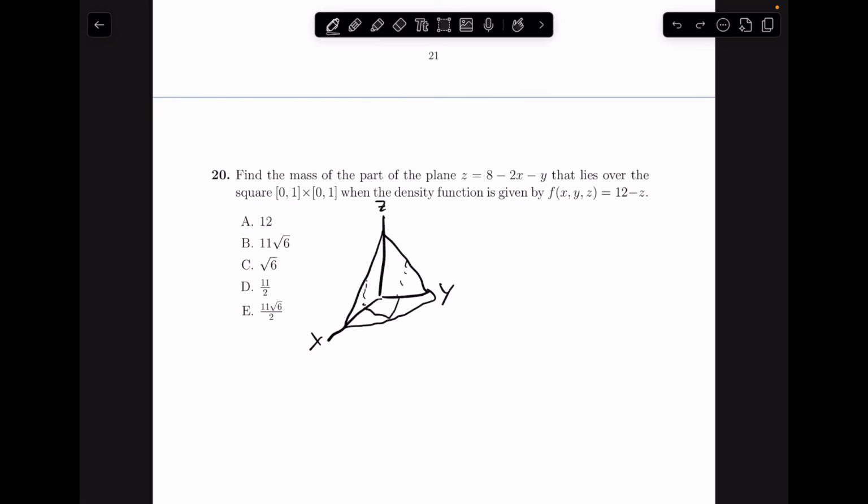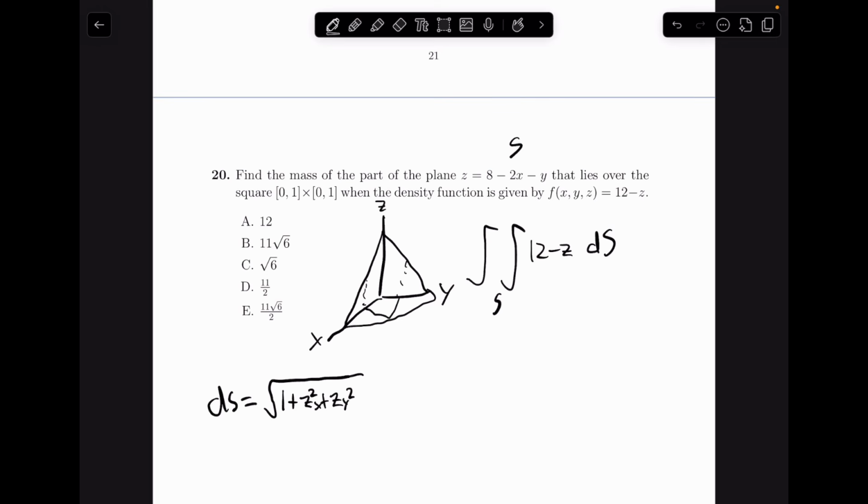Well, we know that we're basically looking for a double integral over that part, we call it S, of really just 12 minus z dS. And we know if we have an explicit form of z, dS is going to be equal to the square root of 1 plus zx squared plus zy squared, where zx and zy are the partials, and this is all dA.